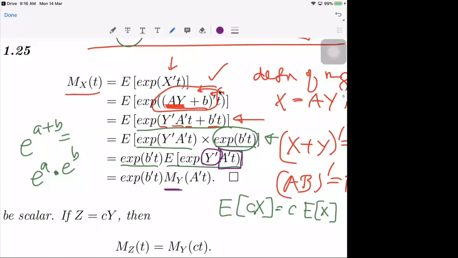Okay? So this is what comes out, the expectation of e to the Y prime and then that, which is the moment generating function of Y at that. Any question? Is this clear?